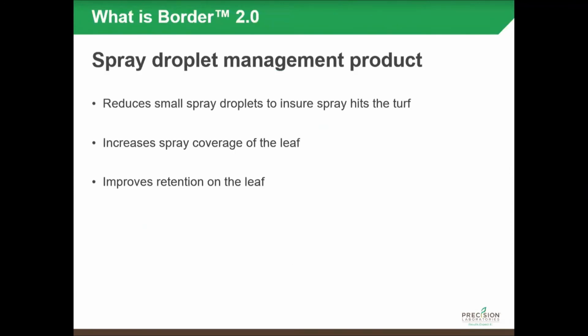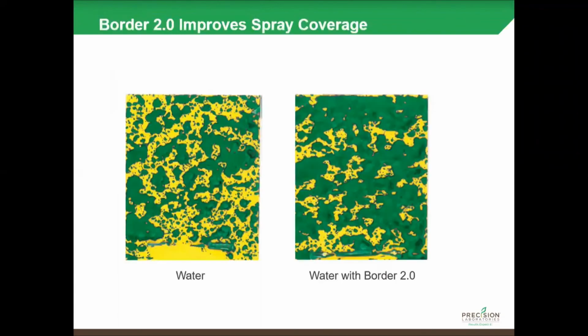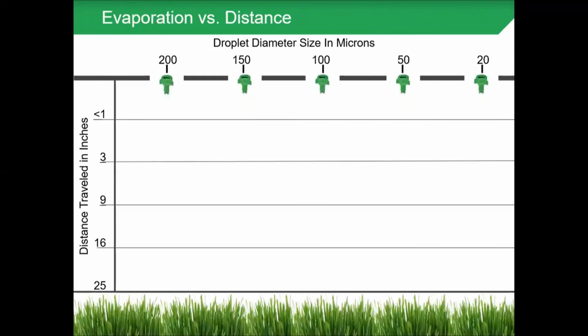So it reduces the amount of small spray droplets, so we ensure that it's going to hit the turf or the ornamentals. It's giving you better spray coverage because it has a good surfactant in it, and it improves retention on the leaf. And I have a video that I'm going to show in a little bit that dramatically shows that. When we look at it on spray paper, water by itself versus water with Border 2.0, you can see that you're getting much better spray coverage.